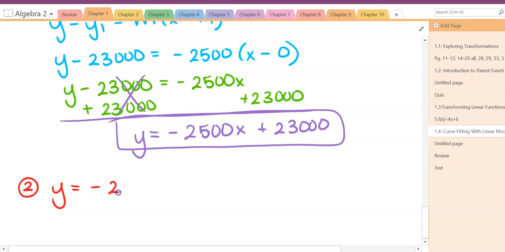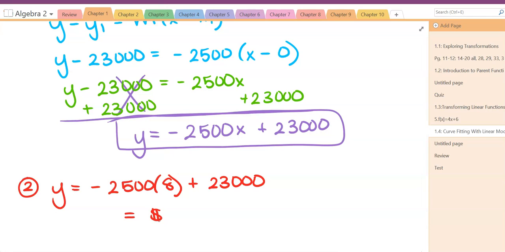You're going to take that negative 2,500 times 8 and then add 23,000 to that. Take a minute to do that calculation and then tell me how much his car is going to be worth.